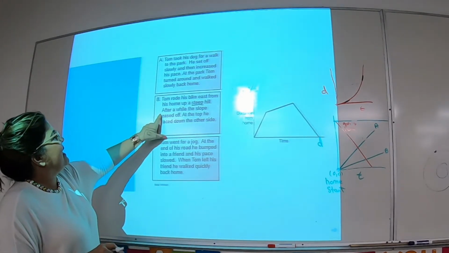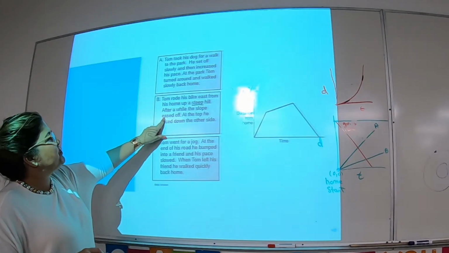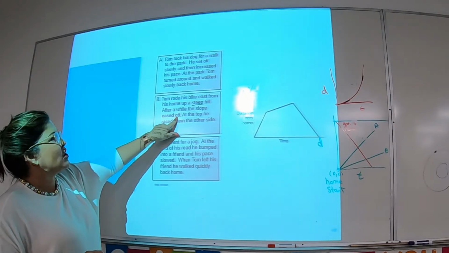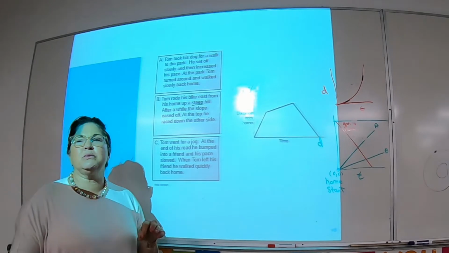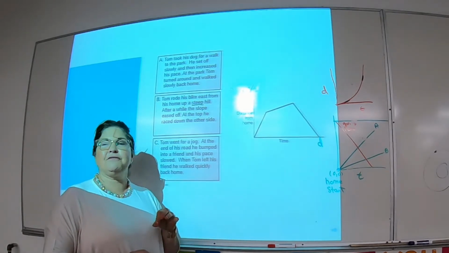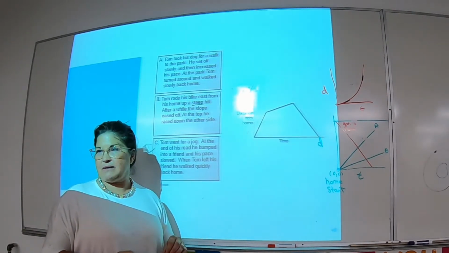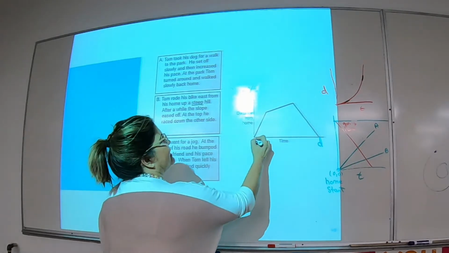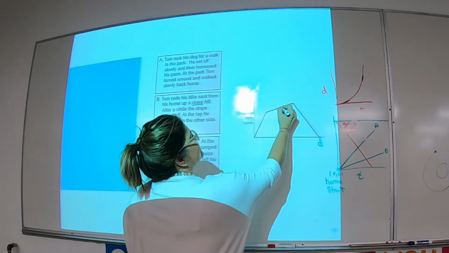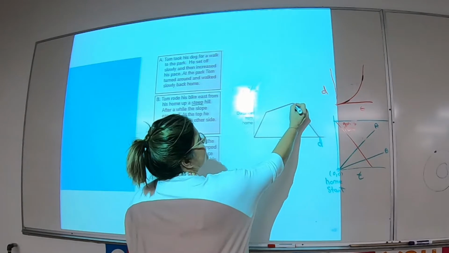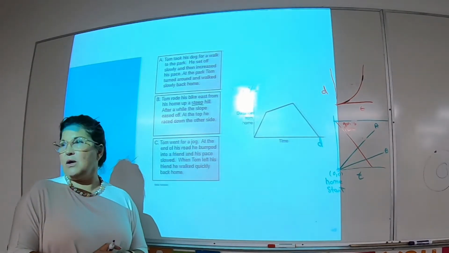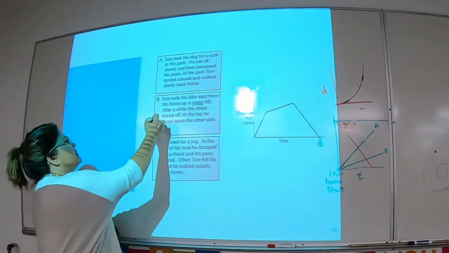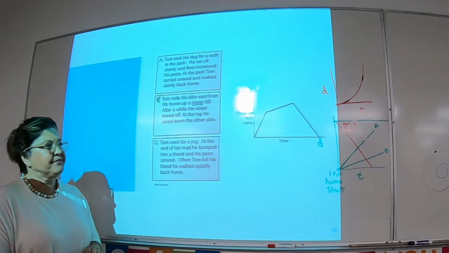And then it says, after a while, the slope eased off, which means that you would probably be going faster at that point. Here, I am going faster. The slope here is less, so I am going slower at that point. So I'm going to cross off B.